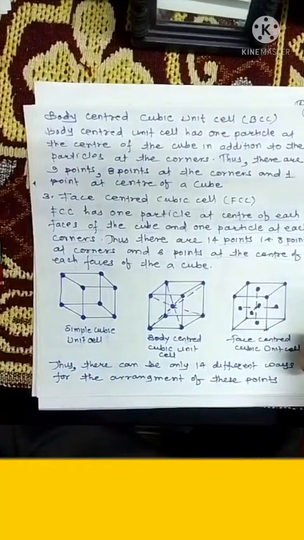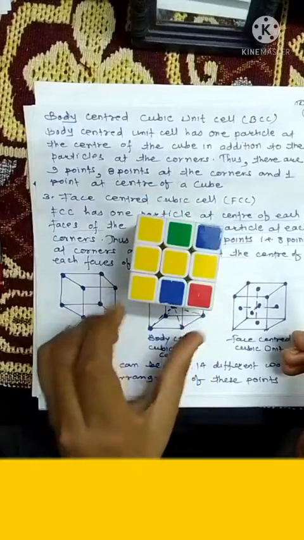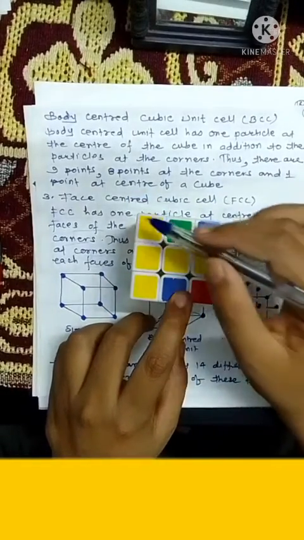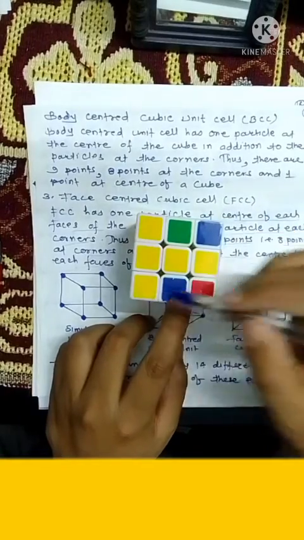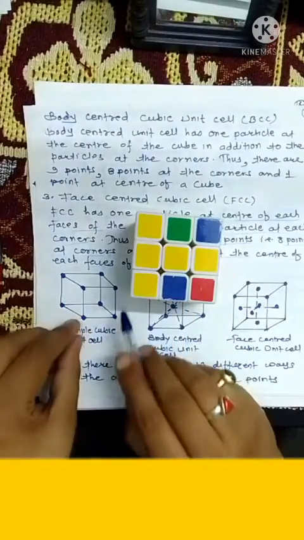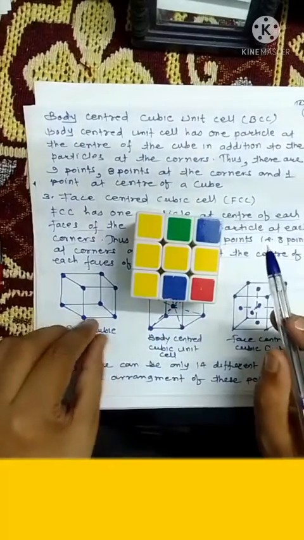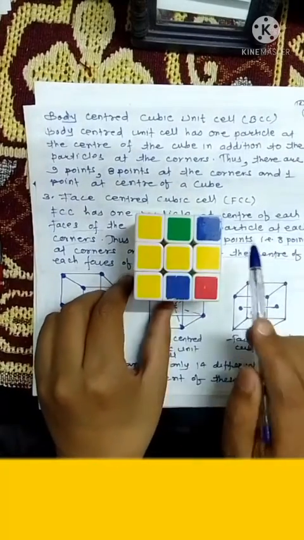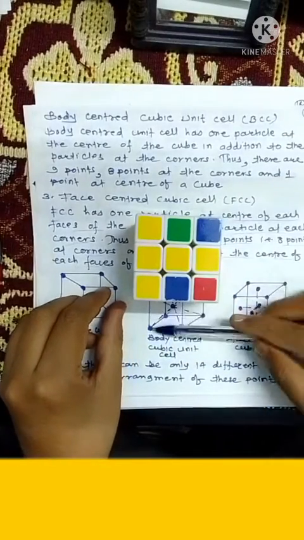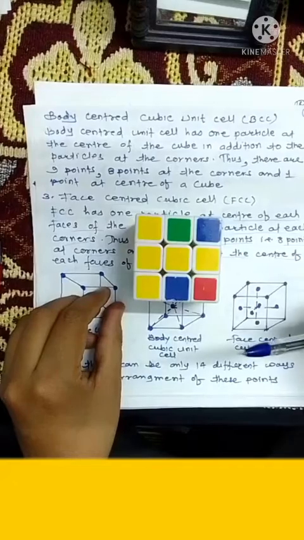Now just understand, this is your cube. This cube has 8 corners, 1, 2, 3, 4, 5, 6, 7, 8. It has 6 faces, 1, 2, 3, 4, 5 and the downward face, that is 6.